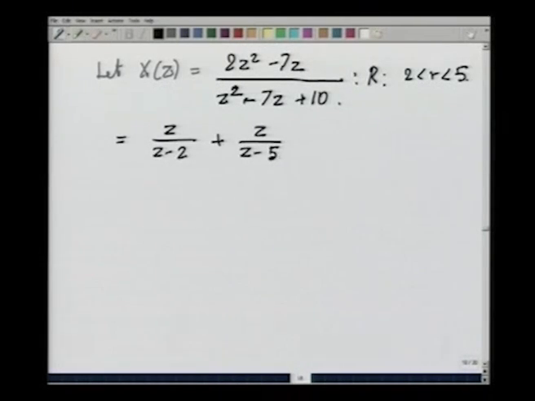This can be written in the more familiar form as 1 by 1 minus 2 z inverse plus 1 by 1 minus 5 z inverse.